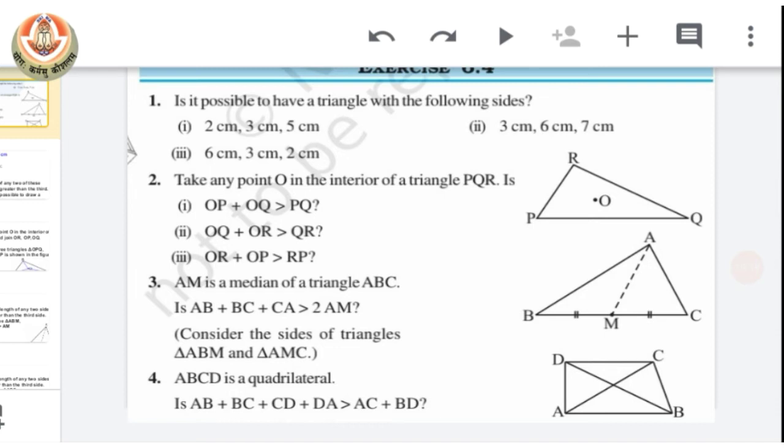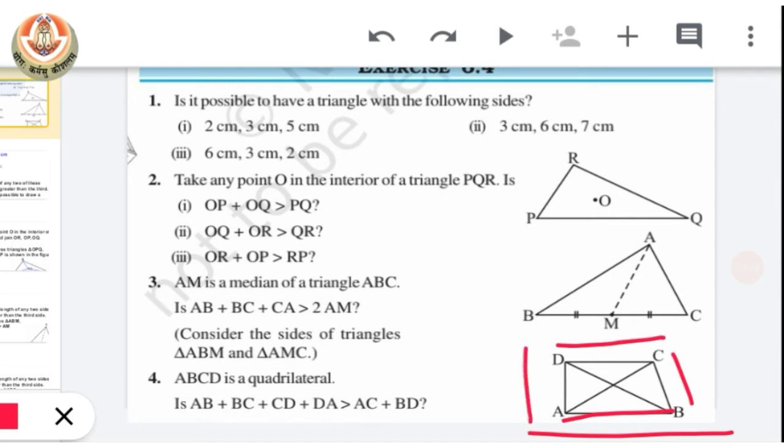Now in question number 4, you can see we are given a quadrilateral ABCD, and we have to prove that the sum of AB, BC, DC and DA is greater than the sum of AC and BD, which are diagonals.